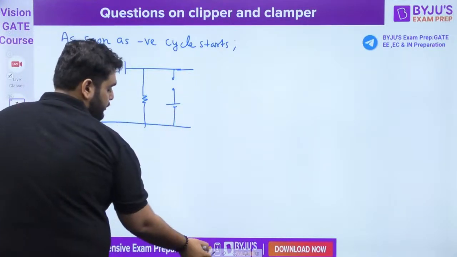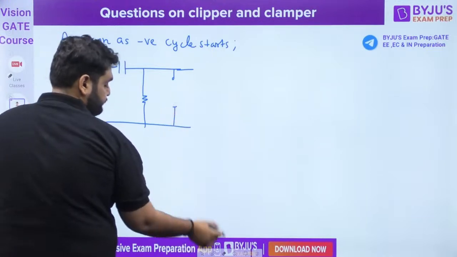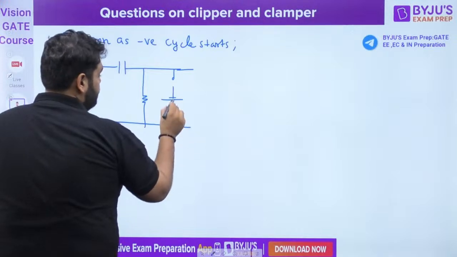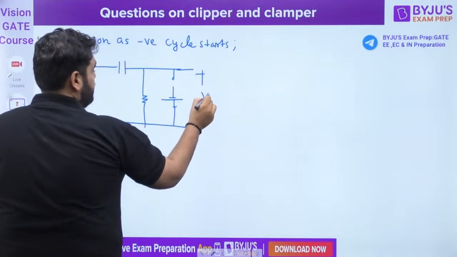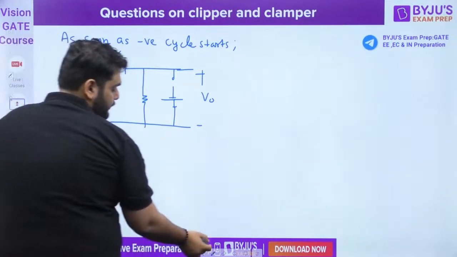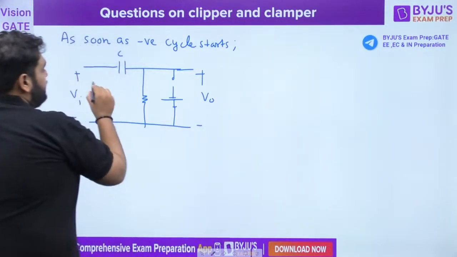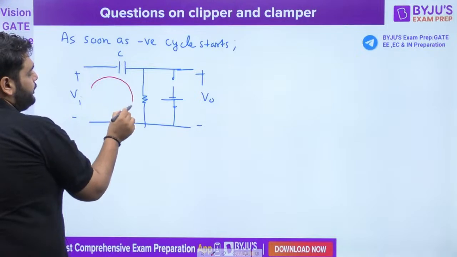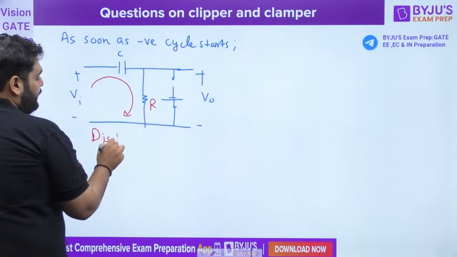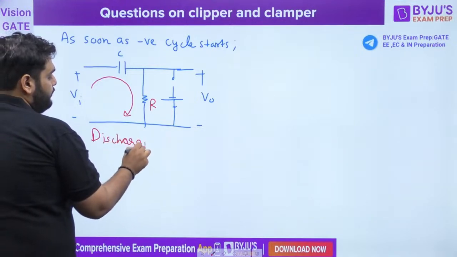This is plus minus output voltage, and this is the capacitor, plus minus input. Now discharging will start. Here you can see the capacitor is directly connected to a resistor, so discharging will start.